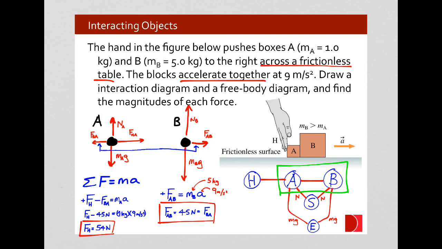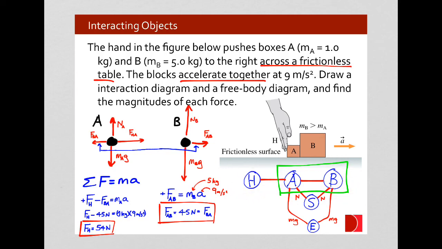Only external forces, forces that act outside or through the walls, so to speak, of our system, can cause the system to accelerate. So, for example, if the surface wasn't there, gravity is external to the system. Gravity could make the blocks fall downwards together. In this case, they're sitting on the surface, and so the normal force and gravity balance each other out. Then the only unbalanced external force is the force of the hand pushing on this system.